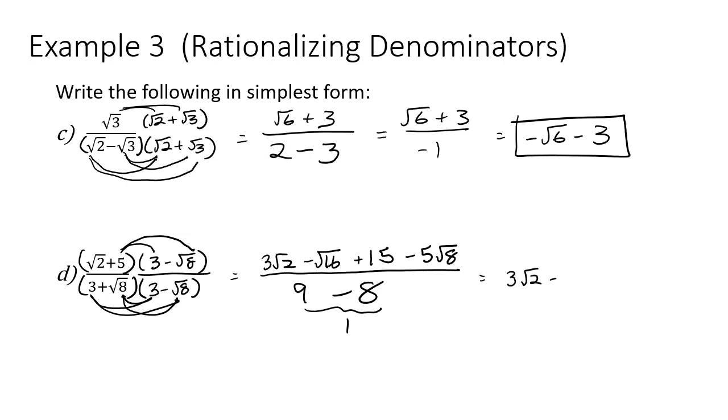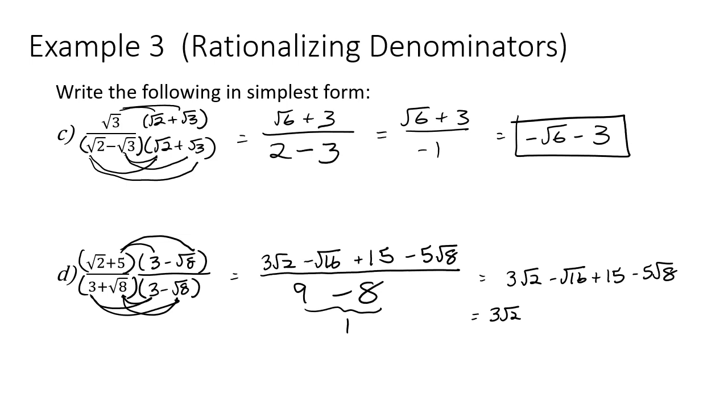3 square roots of 2 minus the square root of 16 plus 15 minus 5 square roots of 8. But there are certainly some perfect squares that we can pull out of some of these square roots. So let's simplify. Square root of 16, we don't even have to pull anything out of that, right?